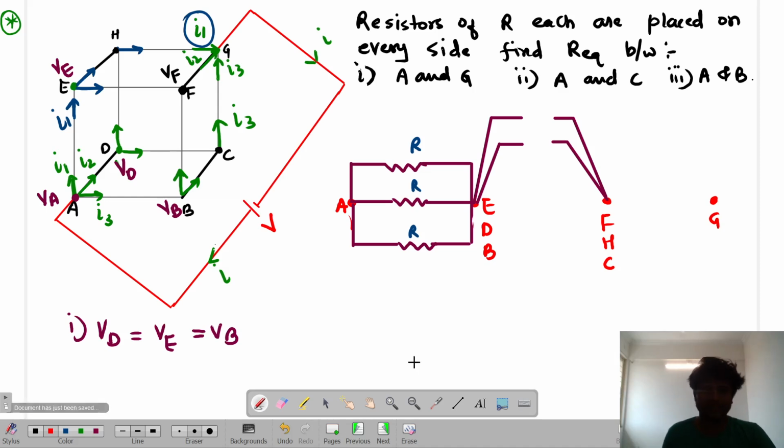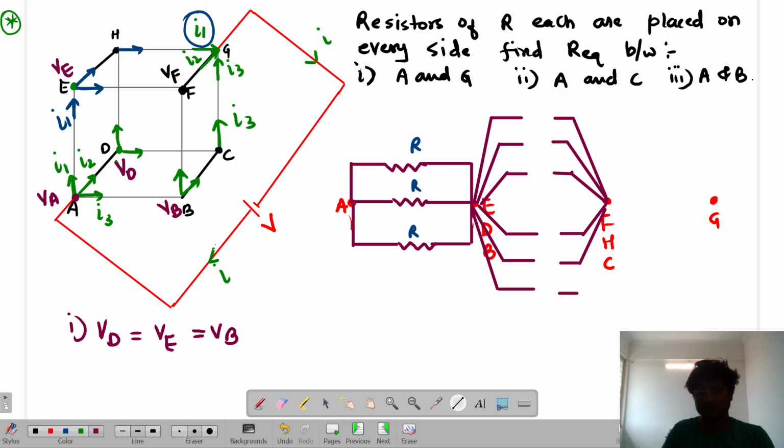Got it? So when I start, at E there are two divisions, 1, 2. At D also there are two divisions, 1 and 2. And then for B also there are two divisions, isn't it? Are you able to get me?